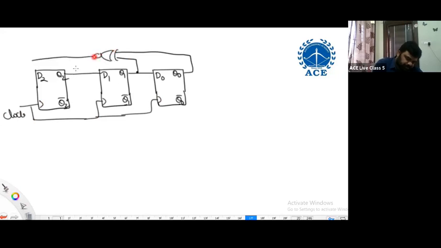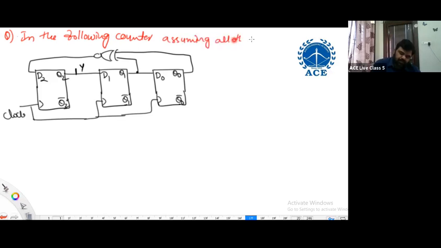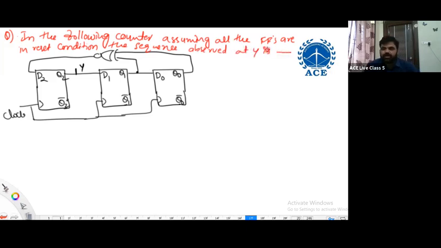XNOR gate. Question is reset condition. The sequence observed at Y. They are giving four options, I am not giving options here.